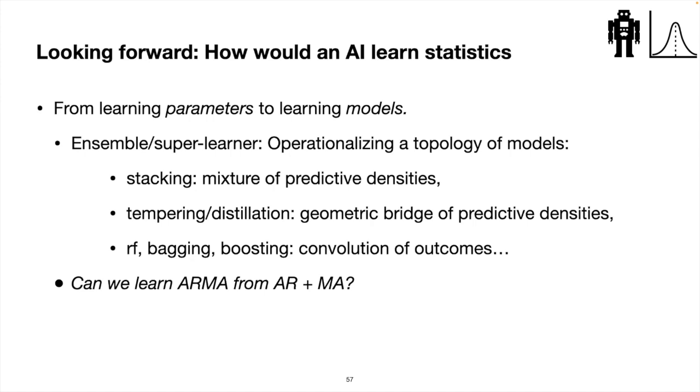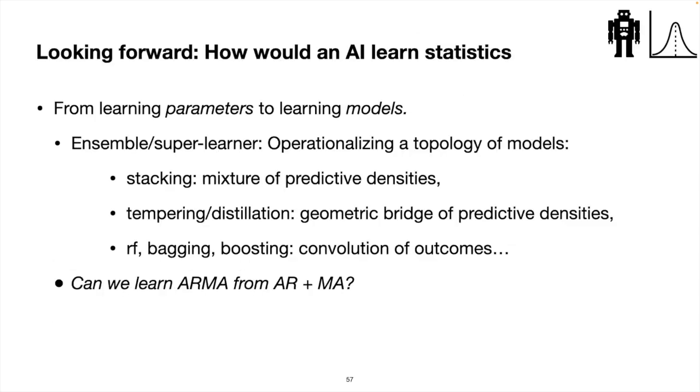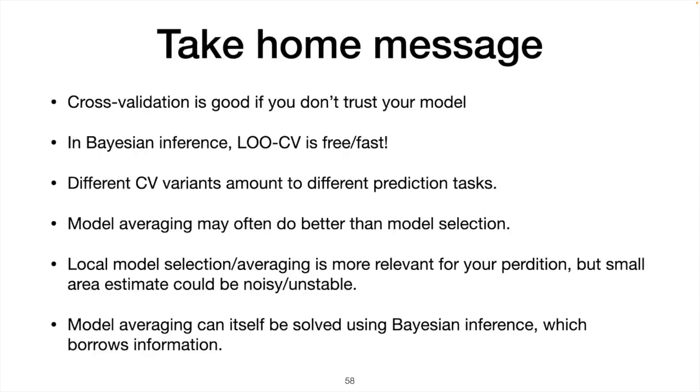So it's still an open question how a real AI should do that, not just learn the parameter or the model weight. It should actually learn a new model for you. But it's still for future research directions.